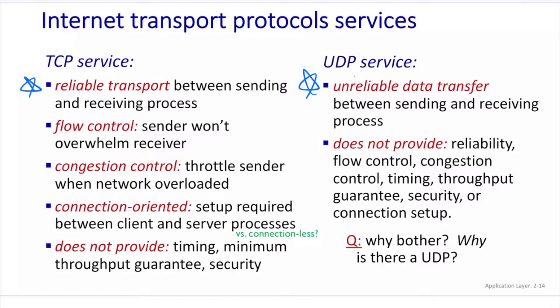So the difference is that the TCP service provides reliable transport between the sending and receiving process. However, UDP can only provide unreliable data transfer. That means when you use a UDP socket, the socket might lose packets, and the bytes sent and delivered might be out of order.